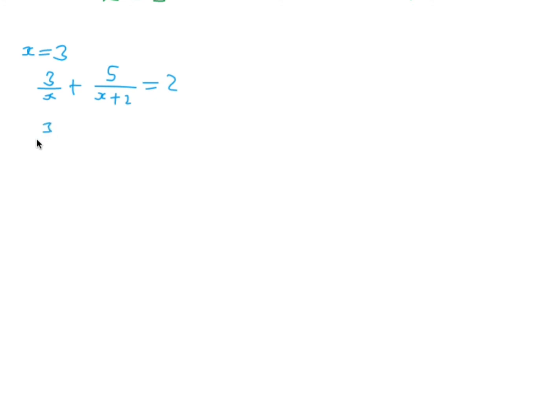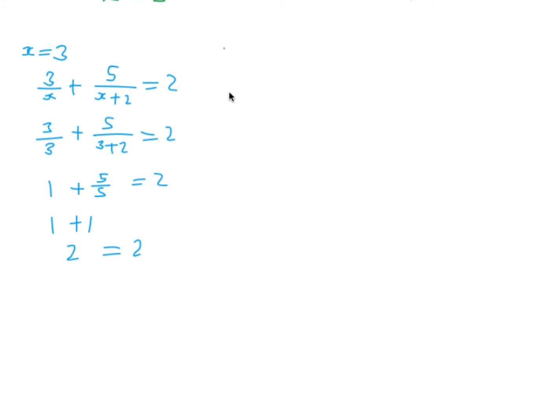So here we put the x value 3: 3 upon 3 which is 1, plus 5 upon 3 plus 2, which is 5 upon 5, which is also 1. So 1 plus 1 is 2. So yes, this is correct.